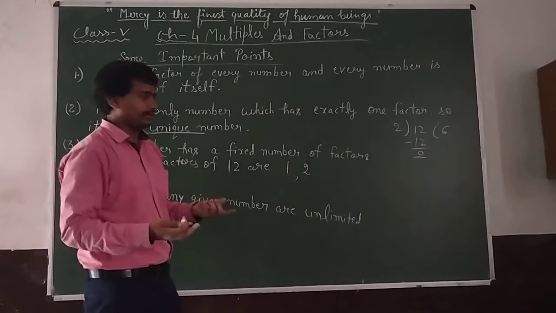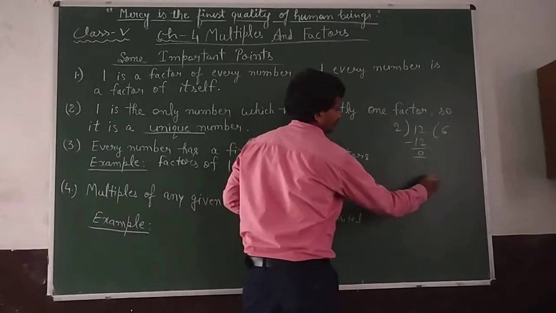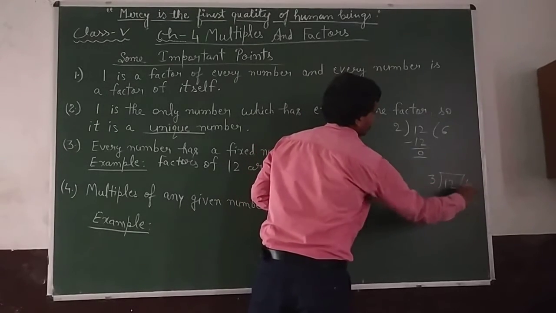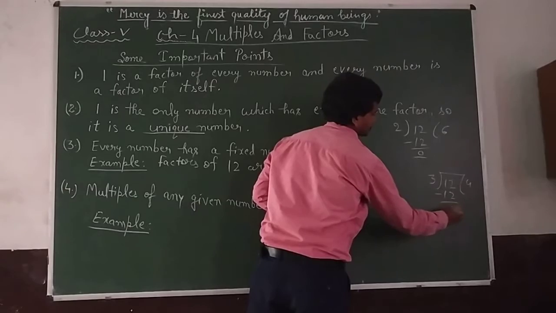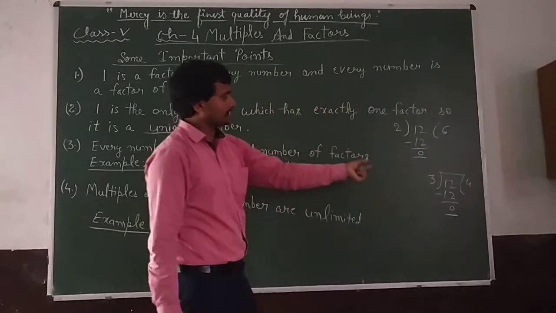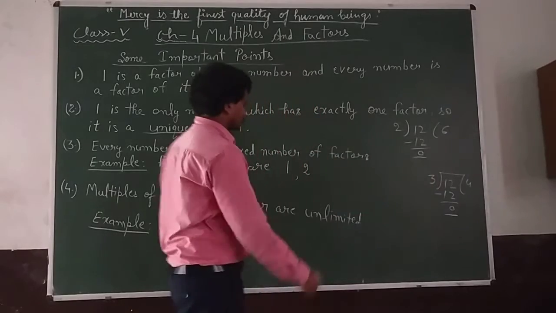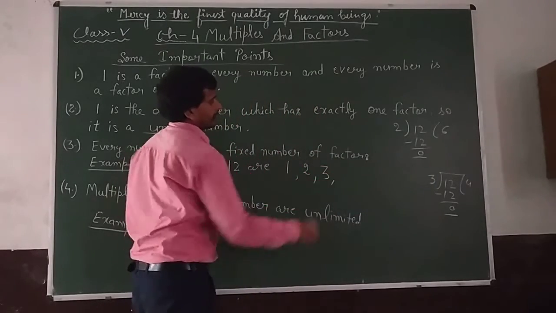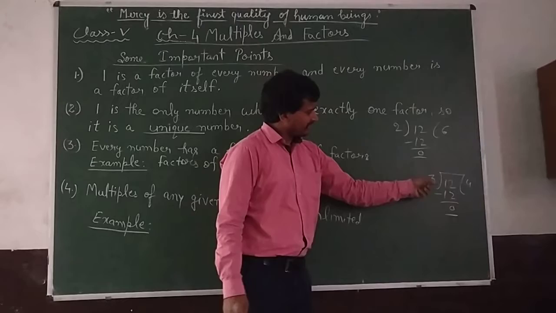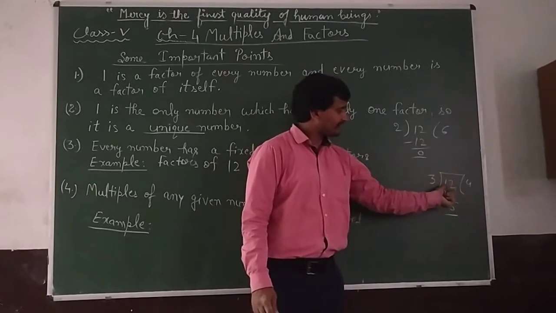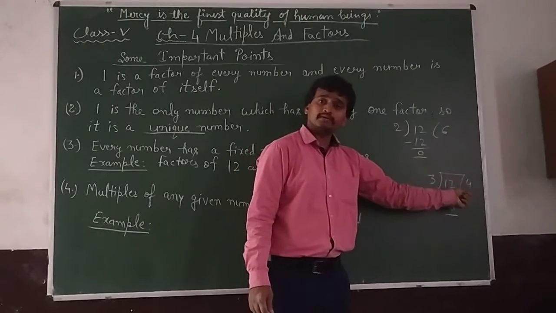Next is 3. Check by 3. 3 fours are 12. Yes, it is also divisible by 3 because the remainder is 0. So we can say yes, 3 is also a factor of 12. Next is 4. See here, when we divide 12 by 3, we get 4.